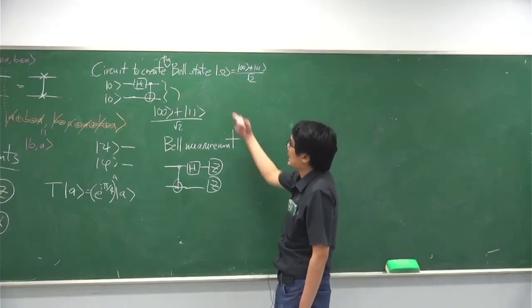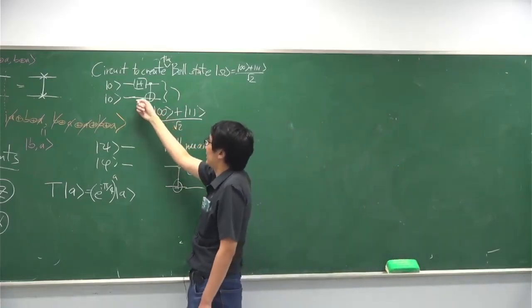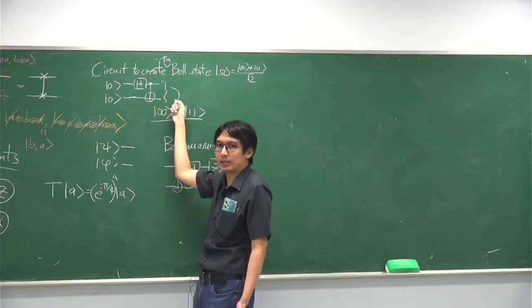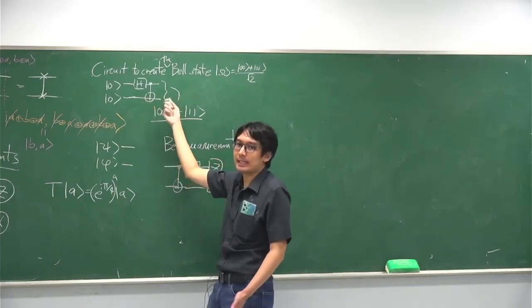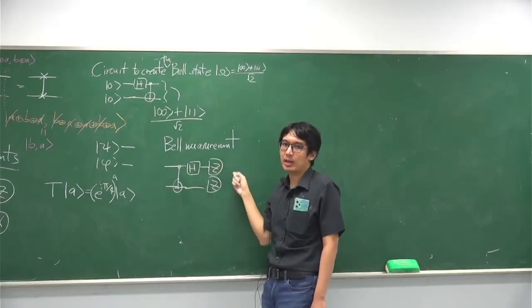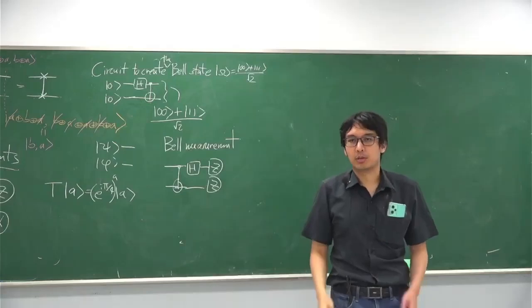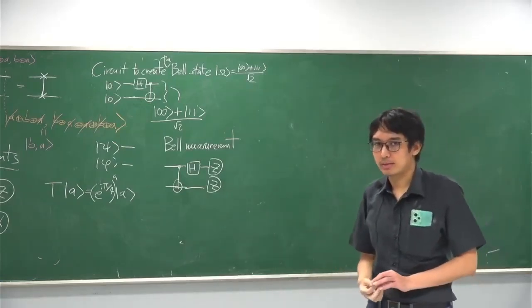The difference between the state and the measurement, of course, is that with this one circuit, I can only create one state deterministically. But for the measurement, I have 4 possible outcomes: 00, 01, 10, 11, corresponding to 4 orthogonal Bell states.